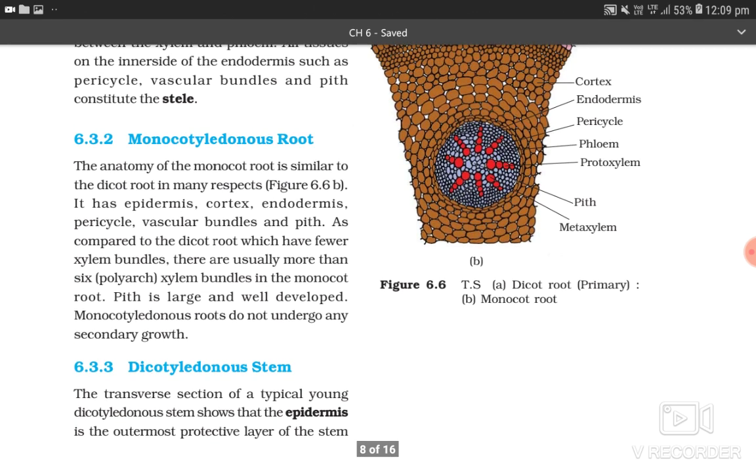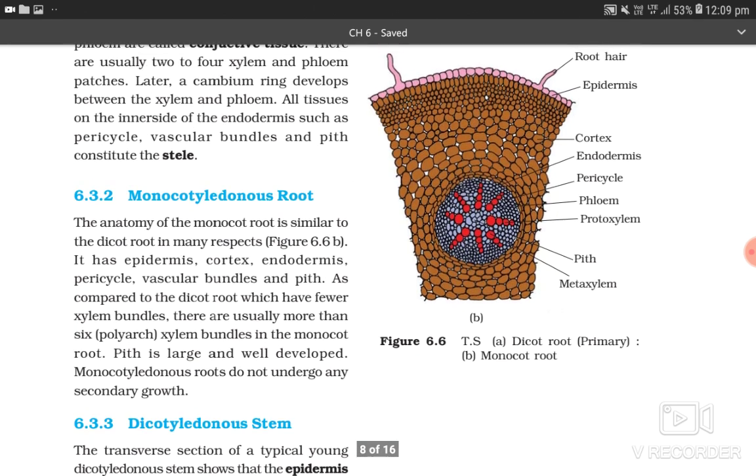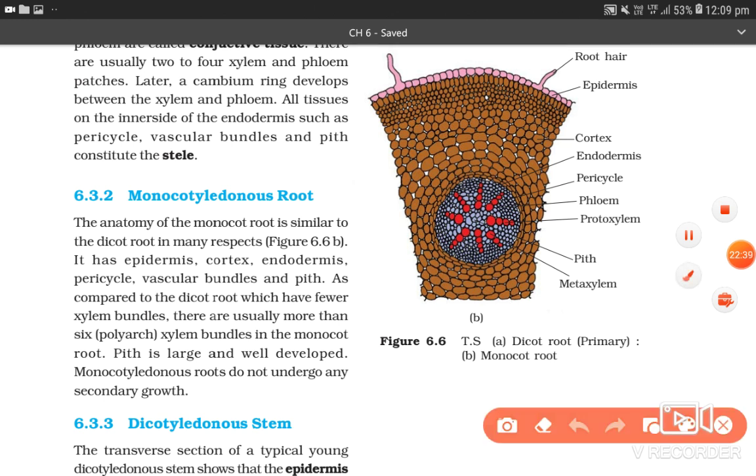6.3.2 Monocotyledonous root. The anatomy of monocot root is similar to that of dicot root in many respects. Figure 6.6b. It has epidermis, cortex, endodermis, pericycle, vascular bundle and pith.